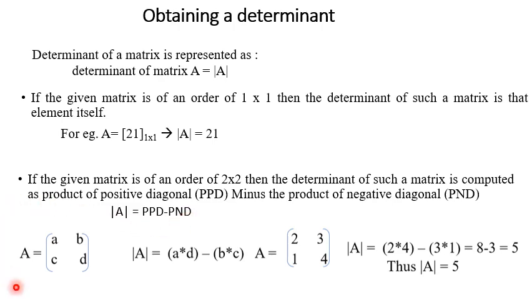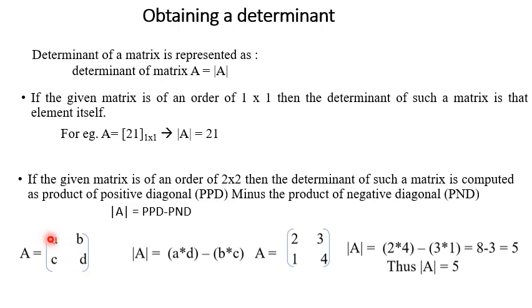We have this matrix A and we have these 4 elements. So it is a 2 by 2 matrix. It is a square matrix. We can find out the determinant for that. How do we go about it? As I said, the first part is product of positive diagonal. So we have to identify the positive diagonal and the negative diagonal. We know the positive diagonal will always run from the left hand top corner to the right hand bottom corner.